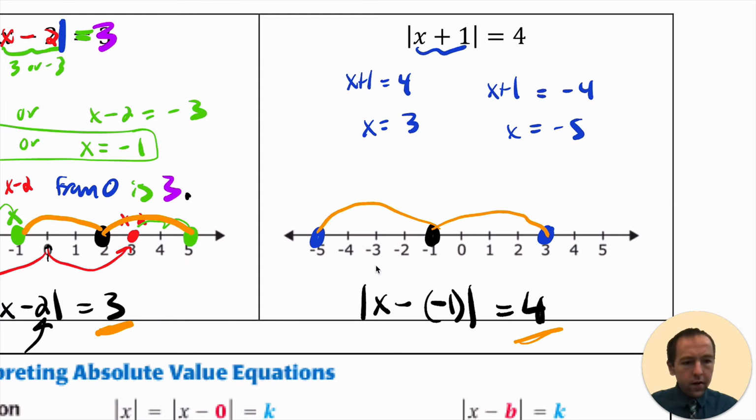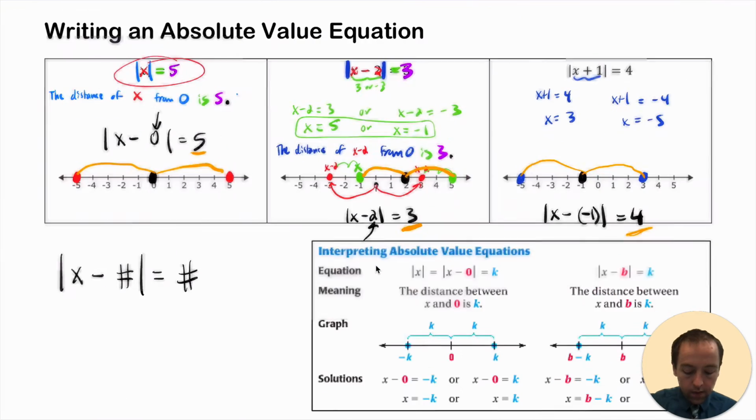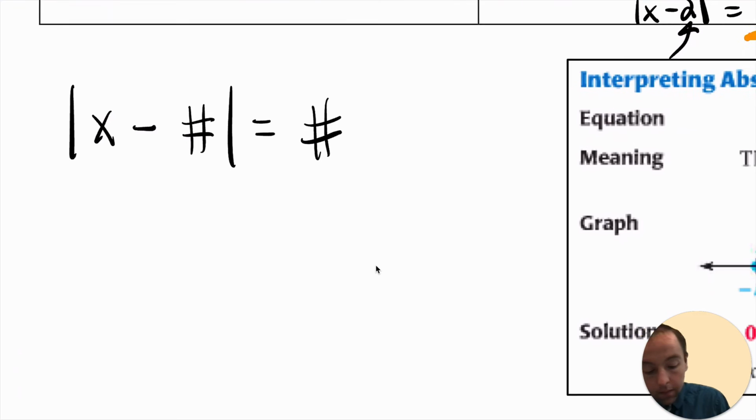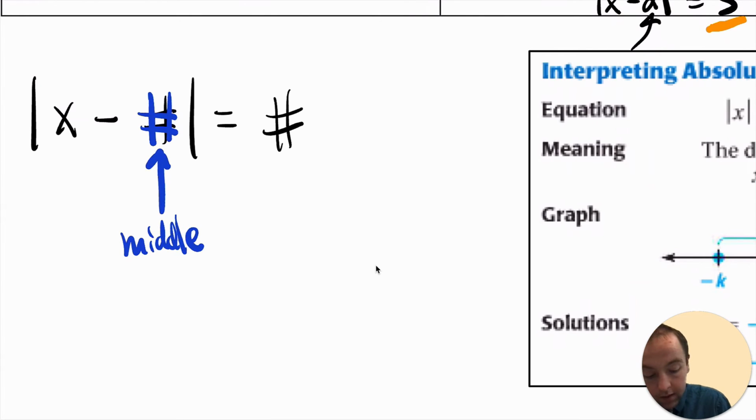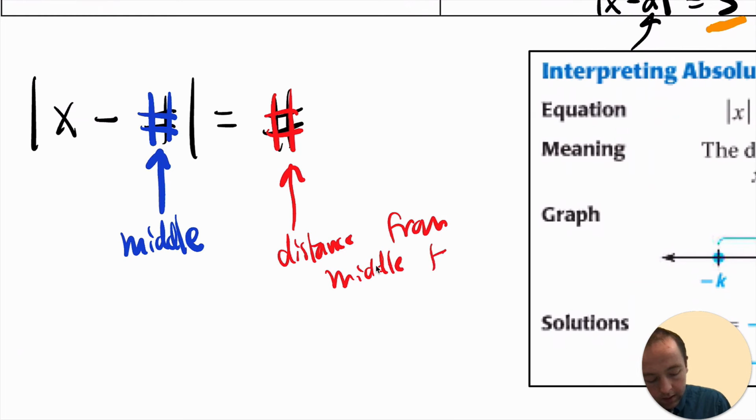So it turns out that if you've got two points on a number line, and only those two points, you can model that using this absolute value model. What that basically means is I just think of this right here as the middle number between the two different numbers, and then this number right here is the distance that you go from that middle dot to an end.